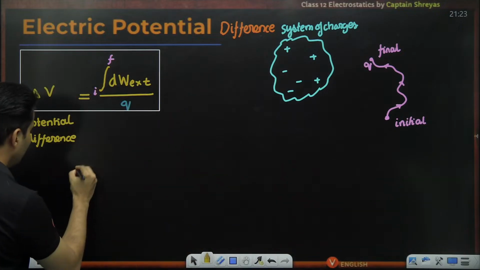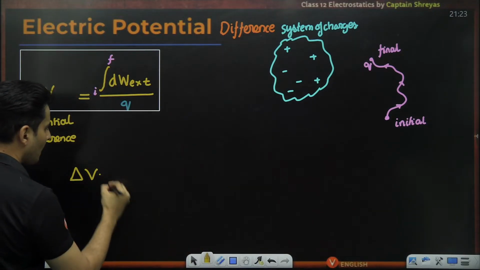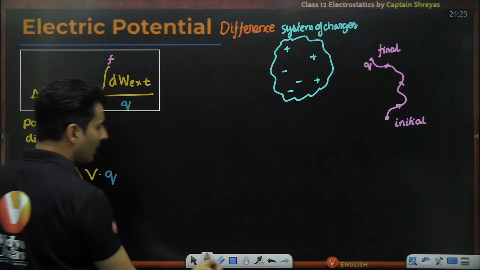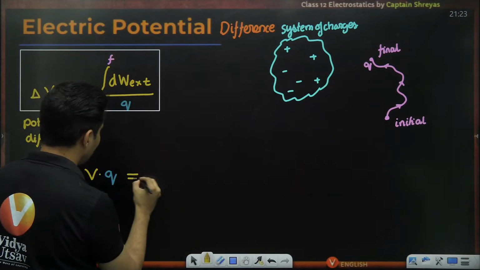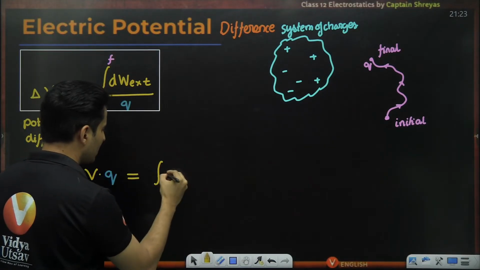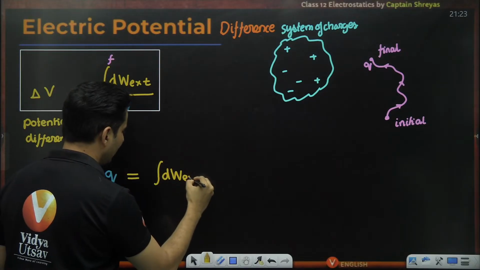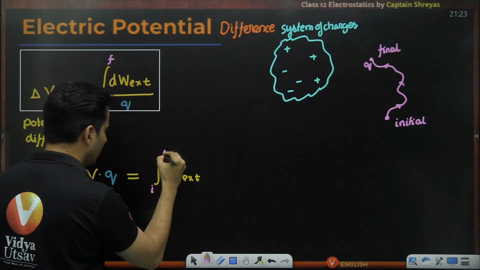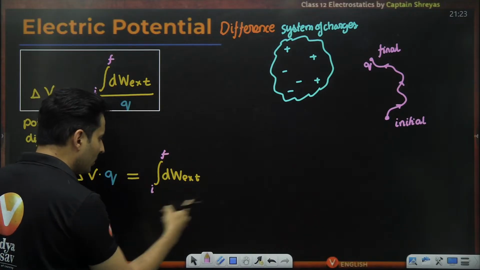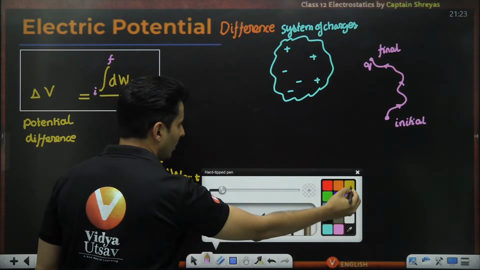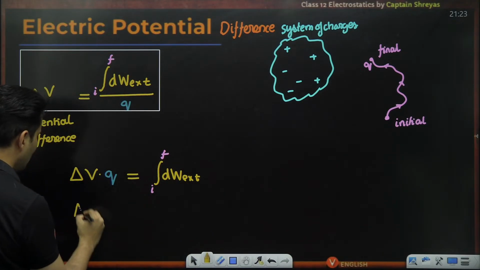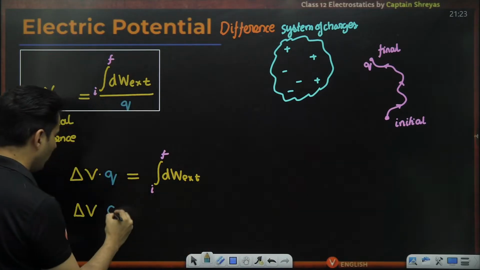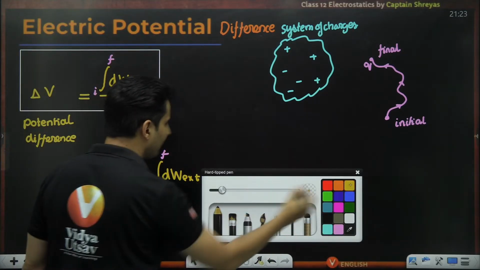If I bring this delta V, multiply it with this number Q, what I will get over here is nothing but the integration, the work done by that external force from this initial point to the final point. What do you think is this number on the right hand side? Come on, quickly answer in the chat box, guys. What do you think it represents exactly?